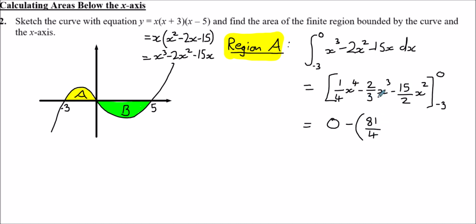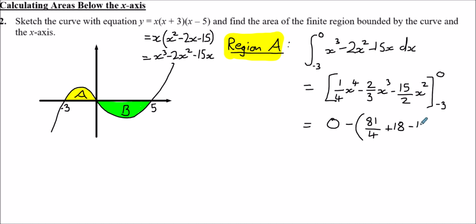And then minus 2/3 multiplied by minus 3 all cubed, that would actually give us plus 18. Minus 3 cubed is minus 27. Minus times minus gives us a plus. 27 divided by 3 is 9. Times 2 gives us 18. Then the last term, minus 15 over 2 multiplied by 9, that gives us minus 135 over 2.